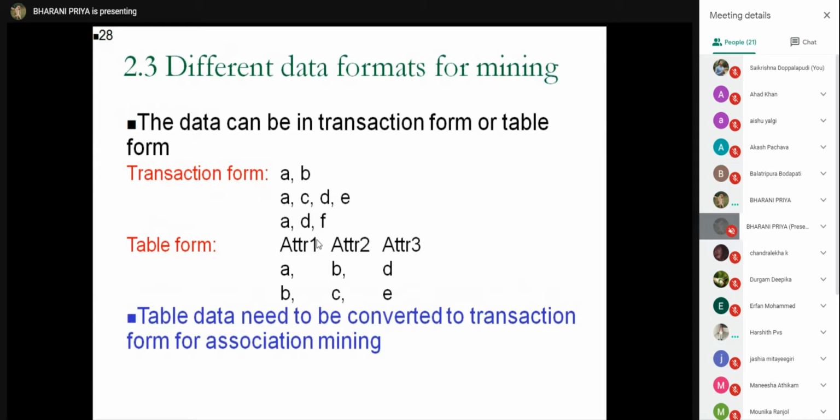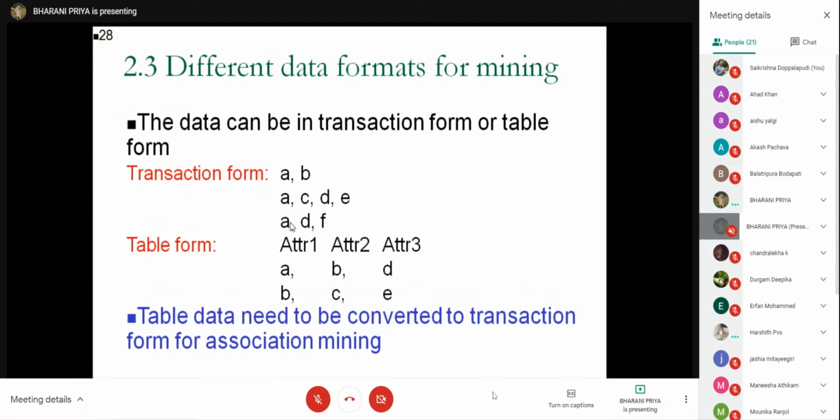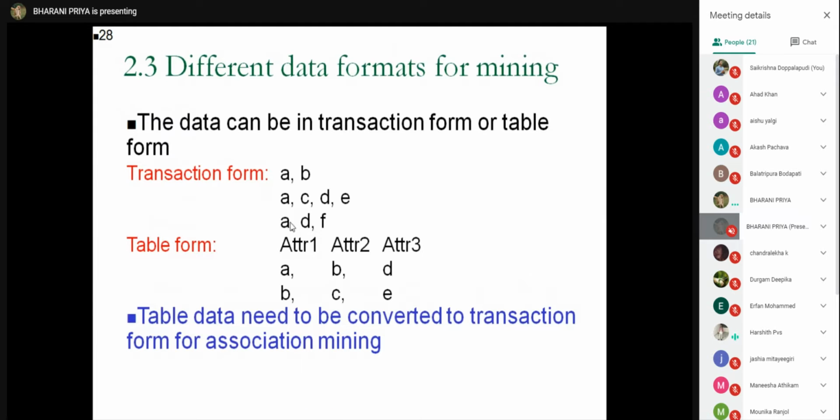Ma'am, but previously you mentioned transaction form has key value pairs. Transactional data does not contain key value pairs. When you are converting this transactional data, A, B, these are items, right? Yes, ma'am. Your transactional data will be in this format.